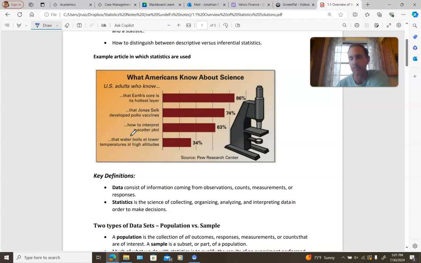So for example, if you live in Denver, water's actually going to boil at a lower temperature because there's less pressure. Or if you were on top of Mount Everest, if you could actually survive up there. But anyway, these percentages here, these are what we refer to as statistics. And then you can see the source is this research organization.